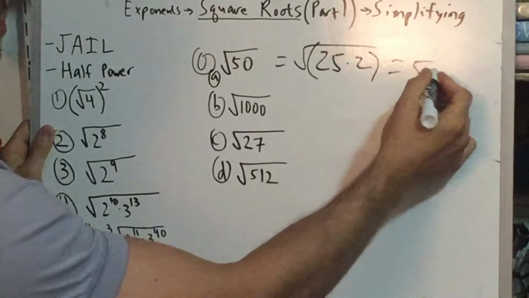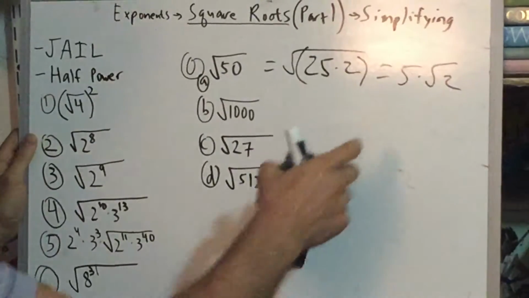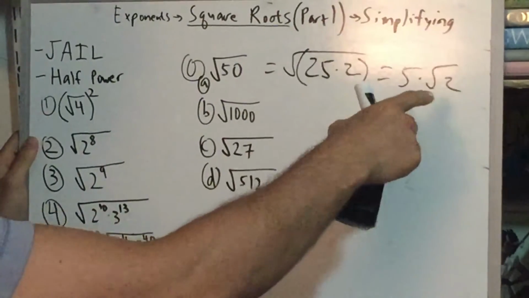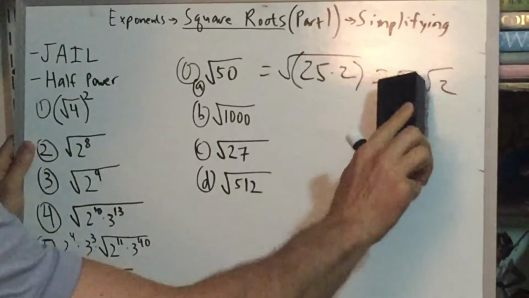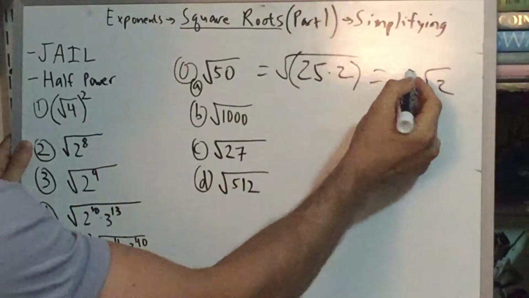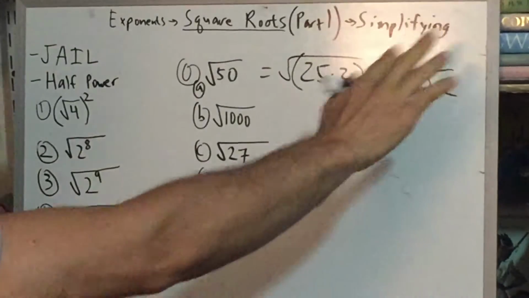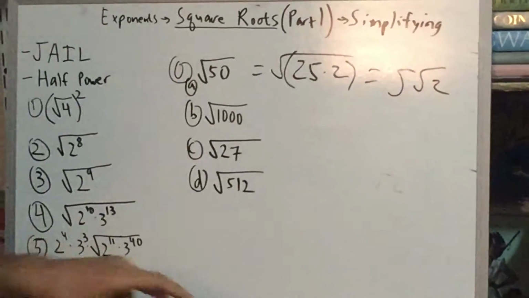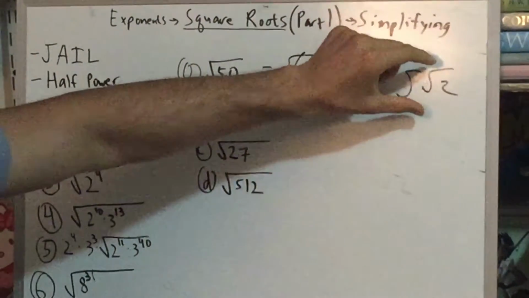And the square root of 2 is ugly, it's just the square root of 2, so we just leave it like that. And in fact, because this stuff appears so often, we'll just drop this little dot for the times. So you'll see the 5 written right next to the square root. That means 5 times the square root of 2. So you might not see the multiplication. In other words, if you see this, you're not done. You want to leave it in this form.